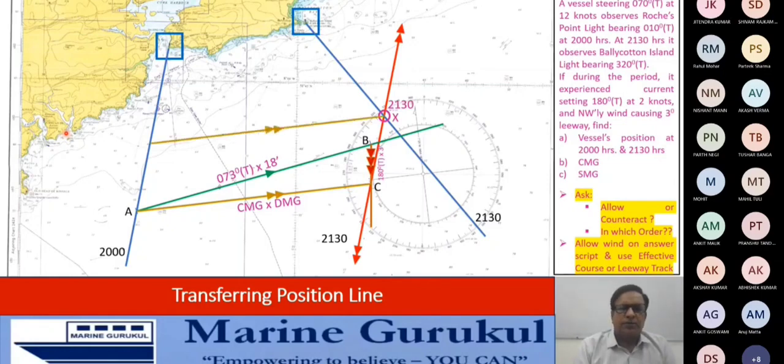Draw the CMG through this position, where it will cut the first PL, that becomes the position at 2000 hours. So point Y is the fix at 2000 hours, point X is the fix at 2130, Y to X is the CMG, and distance Y to X is the DMG in 1.5 hours, giving us the SMG.